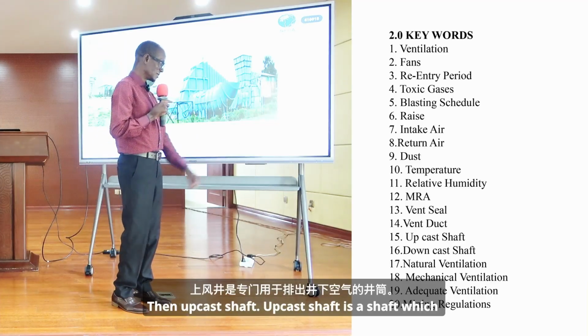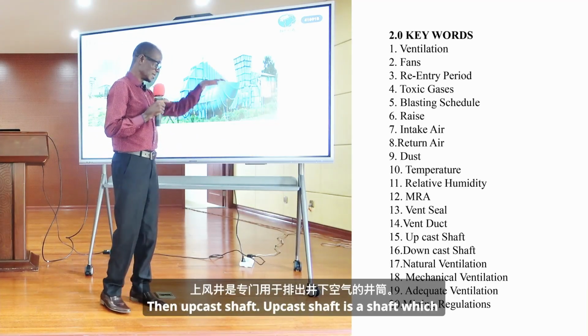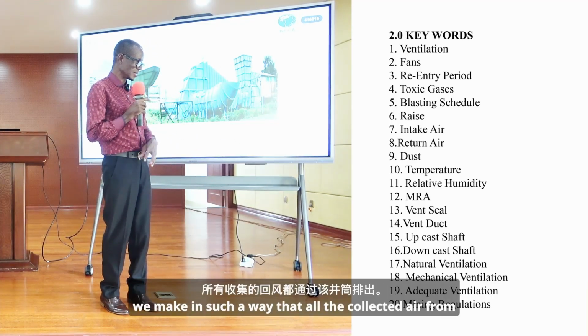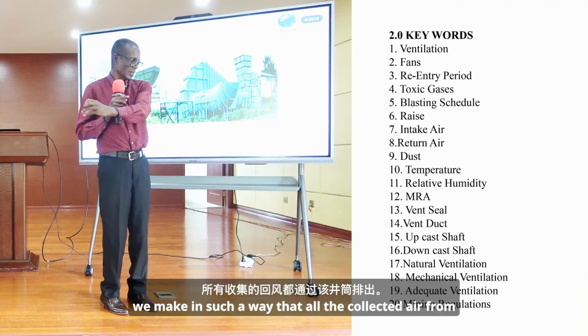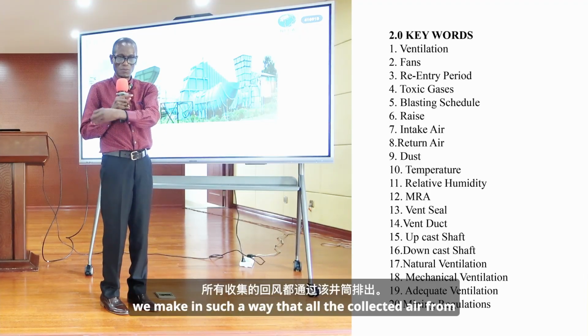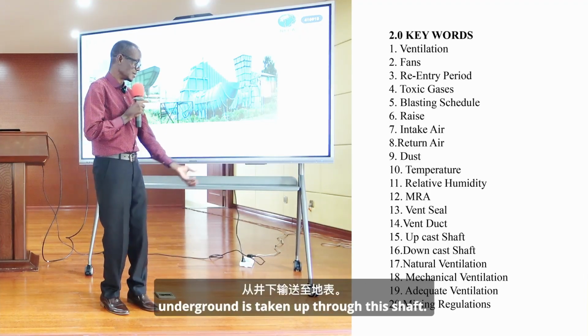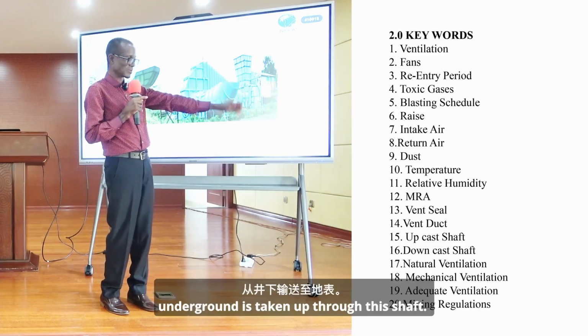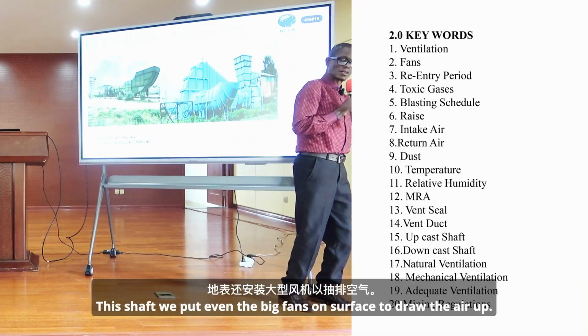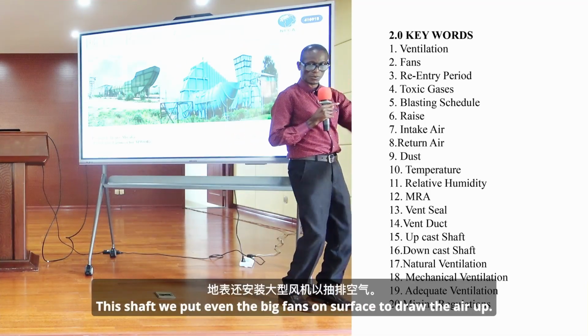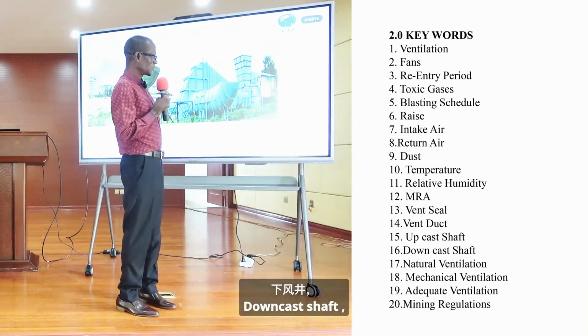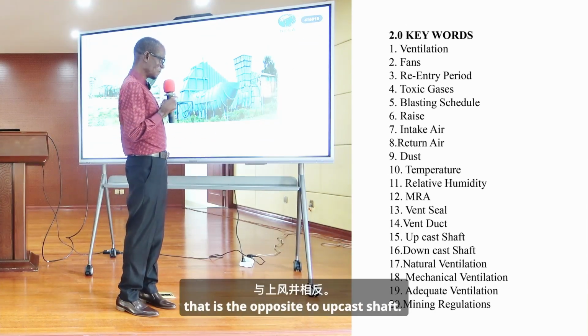Then upcast shaft. An upcast shaft is a shaft which we make in such a way that all the collected air from underground is taken up through this shaft. On this shaft, we put even the big fans on surface to draw the air up. Downcast shaft is the opposite of upcast shaft.